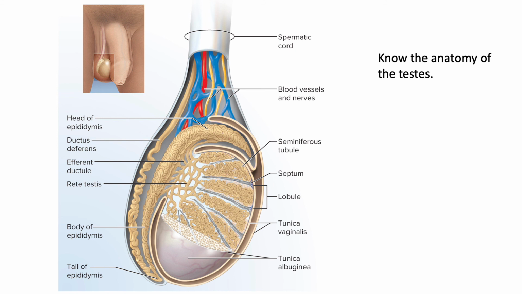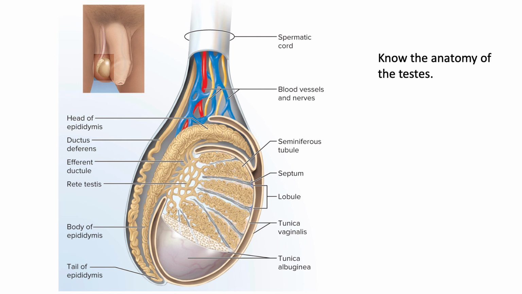They travel through the rete testis and hang out in a very large supercoiled tube called the epididymis. The epididymis is where the sperm mature and become motile, and during ejaculation the sperm will leave the epididymis and travel through the ductus deferens and eventually into the ejaculatory duct and into the prostate.